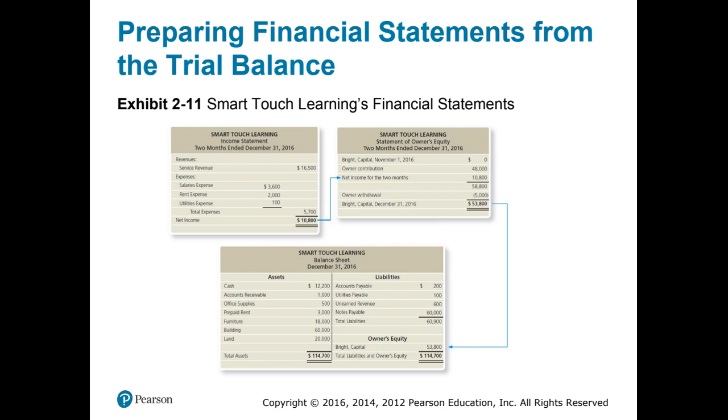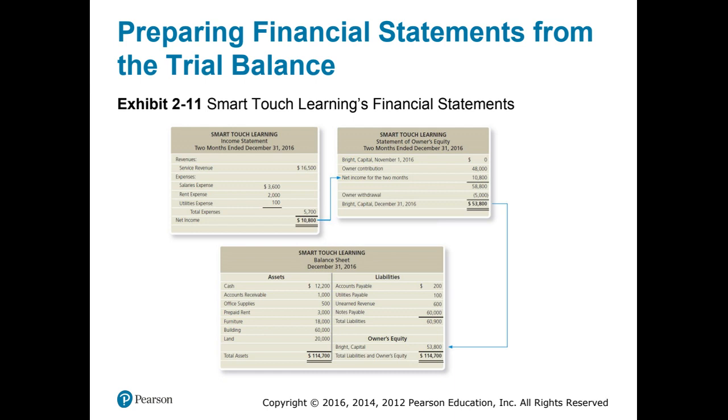So our financial statements, we have our income statement, statement of owner's equity, and balance sheet, and this is on page 80. For the income statement, what accounts do we see on our income statement?